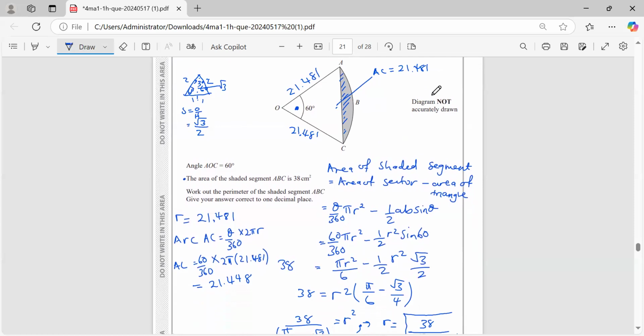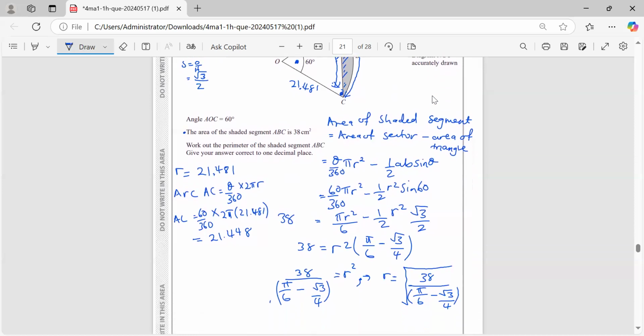Did you see that? This is from A to C, this length here, and this arc here. So this length is 21.481 plus this arc, which is 21.448. So that will give you the perimeter of the shaded segment ABC.